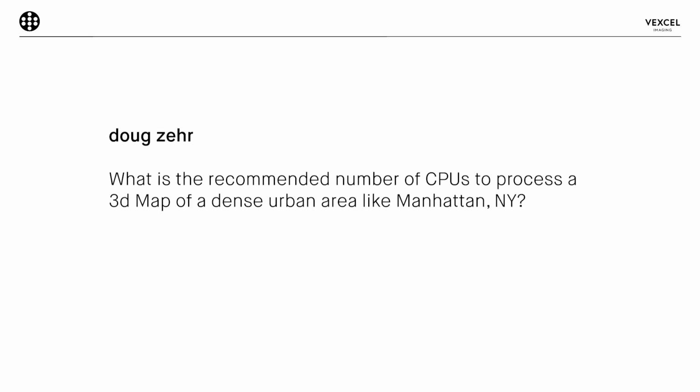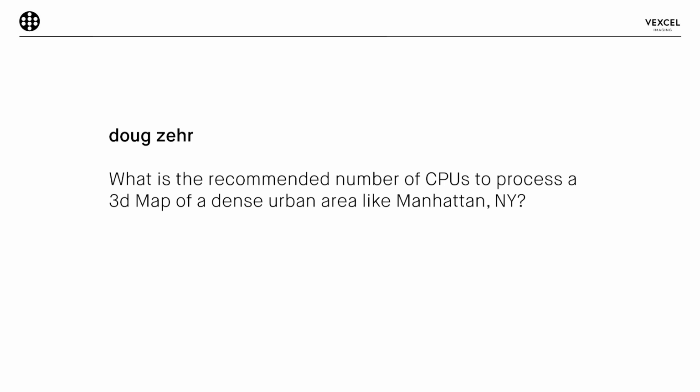And then, what is the recommended number of CPUs to process a 3D map? Yeah, similar as before. This depends on the project parameters, on the time frame you want to achieve, on the size of the project, and on the image numbers. It is difficult to give a number.